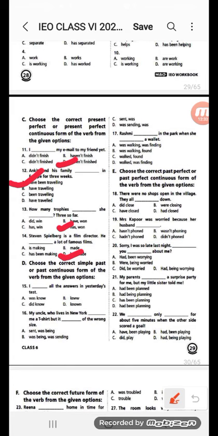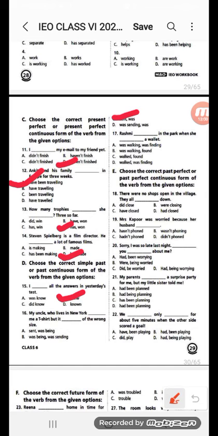So, in number 15, we are going to put the correct option and I knew all the answers in yesterday's test. Number 16. My uncle, who lives in New York, sent me a t shirt, but it was of the wrong size.